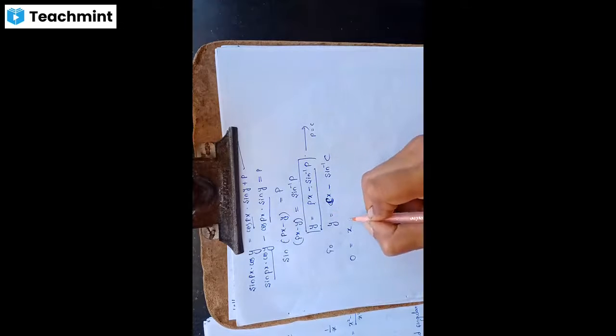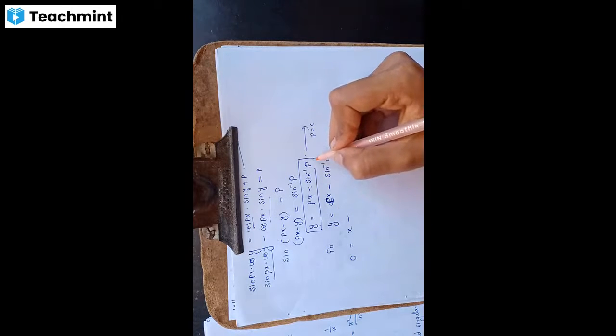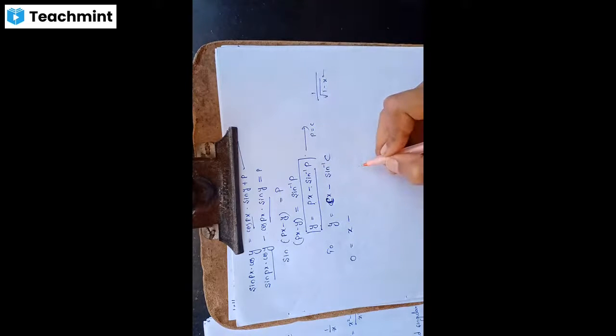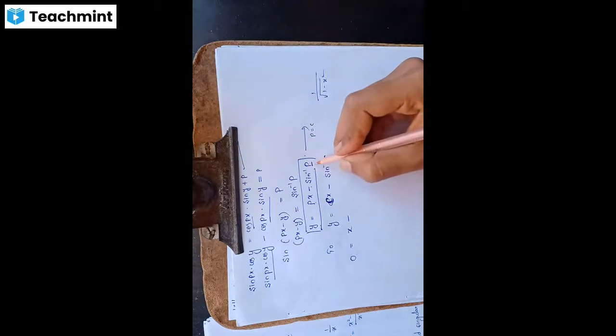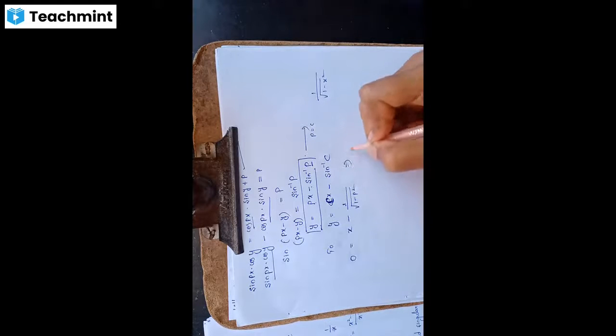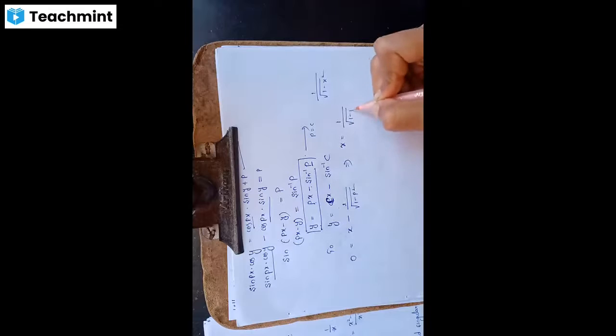Derivative of p is 1 minus, we know that the derivative of sin inverse of x is 1 by root 1 minus x square. Here we substitute p in the place of x. So sin inverse of p gives 1 by root 1 minus p square. So this implies x equals 1 by root 1 minus p square.